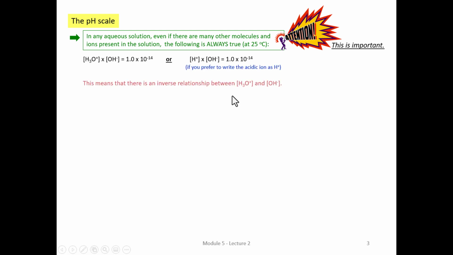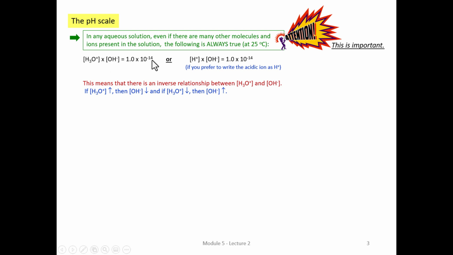Now what this means, of course, is that since the product of these two is a constant, there's an inverse relationship between the concentration of hydronium ion and hydroxide. And what we mean by that is that if by chance the hydronium ion concentration goes up, like you add an acid, well then by necessity the hydroxide ion concentration would have to go down so that the product of these two comes out to be 1 times 10 to the minus 14.